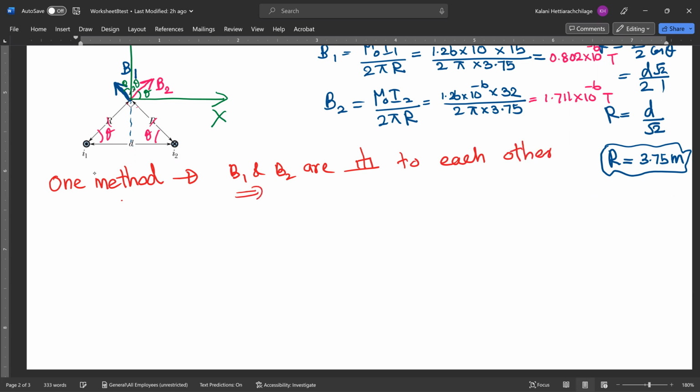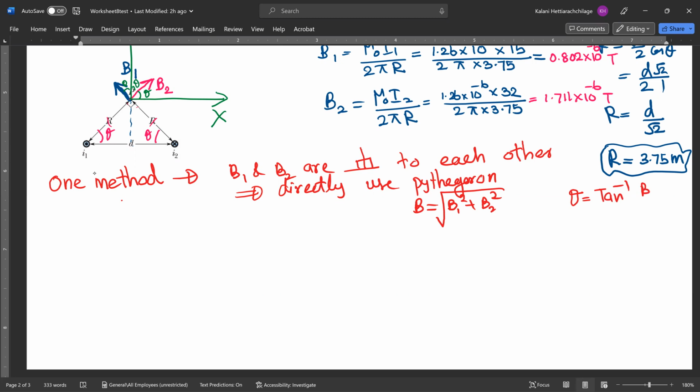You can directly use the Pythagorean theorem and find B as the square root of B1 squared plus B2 squared. Then theta you can find using tangent inverse of B1 divided by B2, but make sure you write that angle with respect to your positive x-axis.